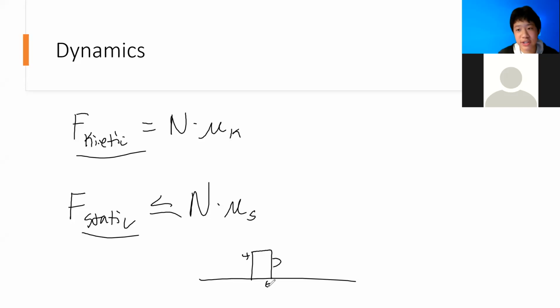And static friction is also going to be teeny tiny in this situation. If we exert just a little bit more force, but the cup still doesn't move, static friction has increased a little bit as well. That's why we have this less than or equal to sign. And then we hit a maximum static friction force, which is given by this formula. So this is the maximum force that static friction is able to exert. If we overcome the static friction force, then the cup will start to move. So that's the definition of static friction.